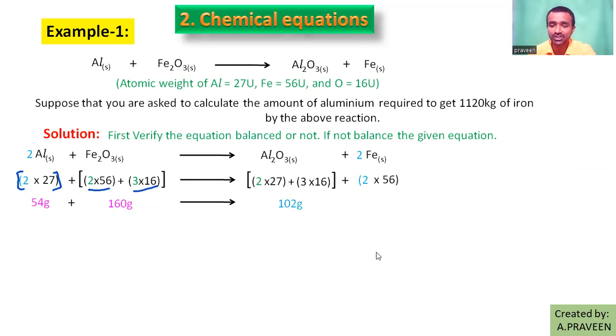Then 2 into 56 is 112. What is the sum? 54 and 160, 214 grams. So the right side is also 214 grams. If the mass is the same before and after the change, then your equation is correct, and you also solved it in the right way.